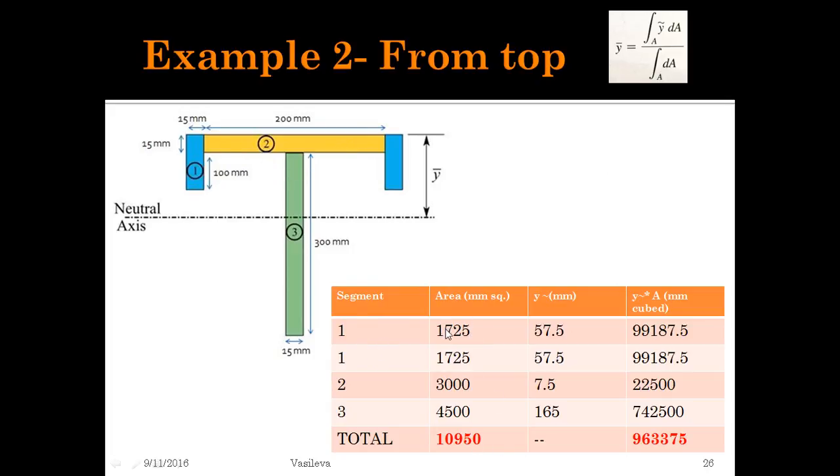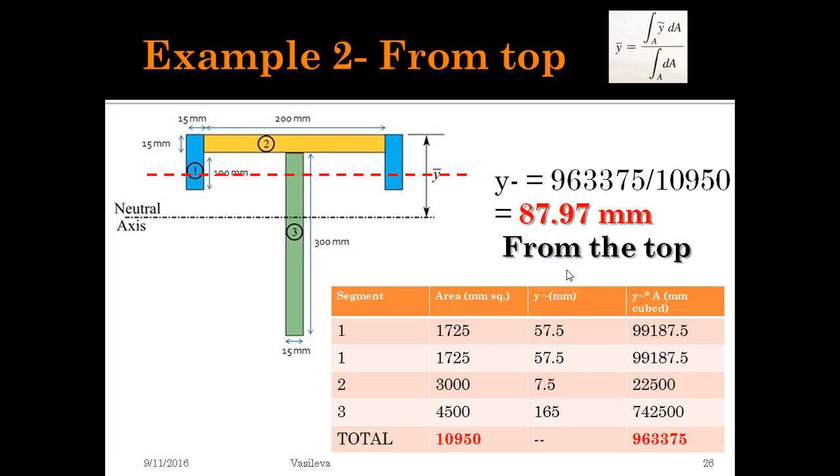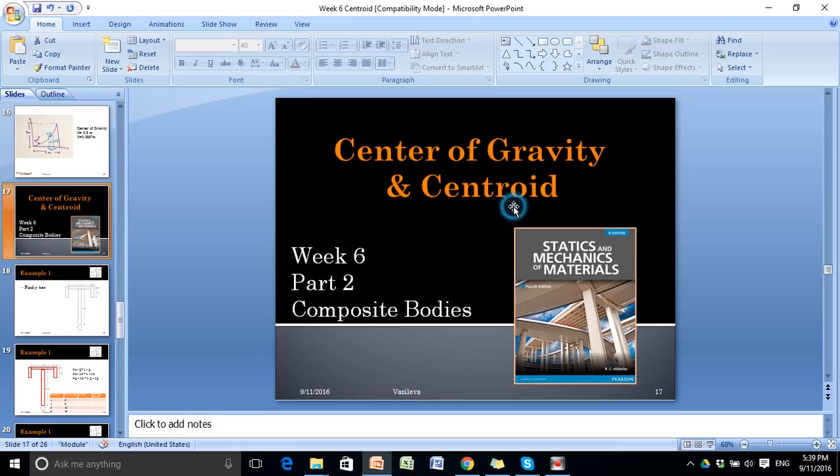I find the area of all the individual bodies. Then I find y squiggle from the top for every single one of the bodies, and then summation, and then do division, etc. So I got 87.97 millimeters from the top, which would be somewhere along this line. And yeah, that's how you find the center of gravity.